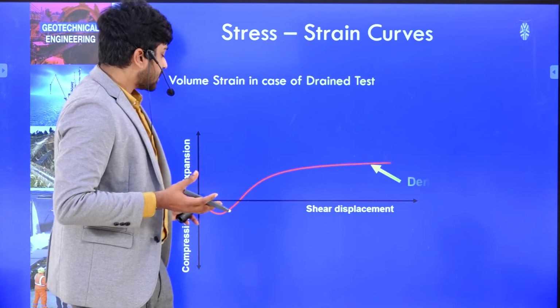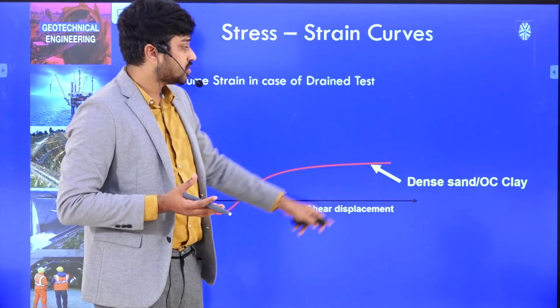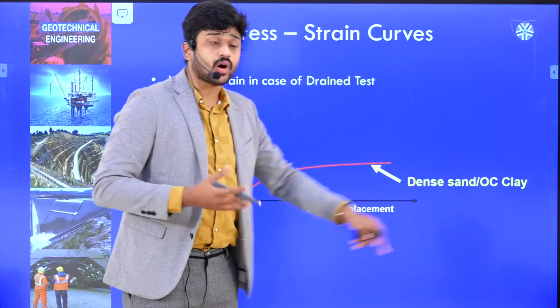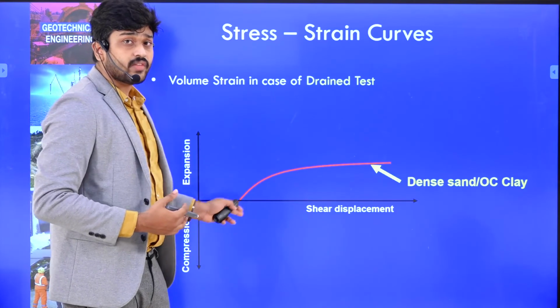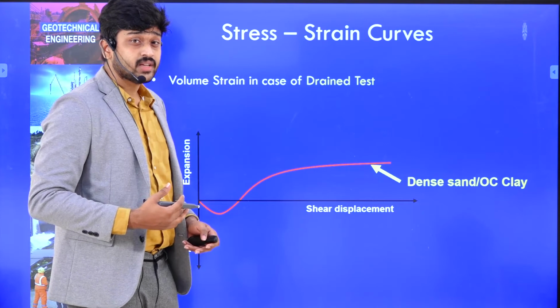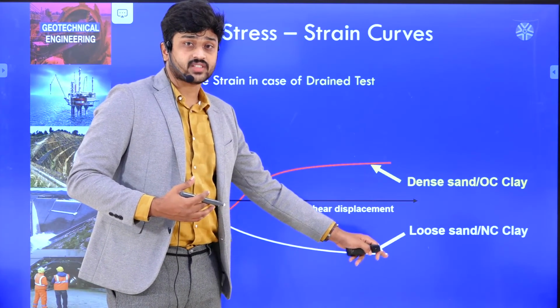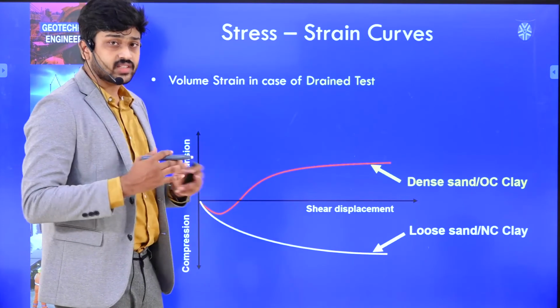So the graph will compress and then increase. That is why in case of dense sand or over consolidated clay, you may find this type of curve. But for loose sand, it will completely compress due to the additional deviator stress. That is the major difference.